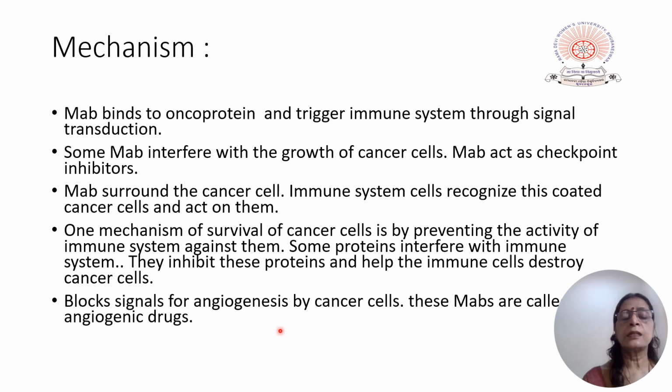The cancer cells produce abnormal types of blood vessels to collect nutrients from the healthy cells and tissues. Certain types of MAB block this signal for angiogenesis, so the cancer cell cannot carry out angiogenesis. These types of MABs are called angiogenic drugs.